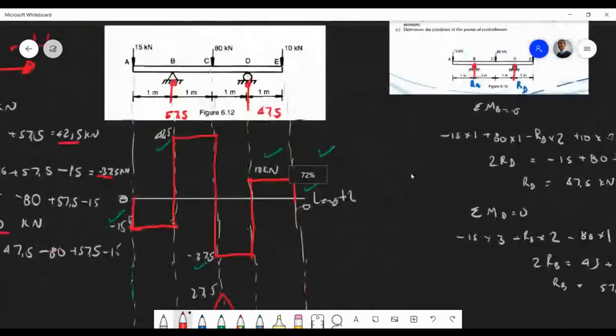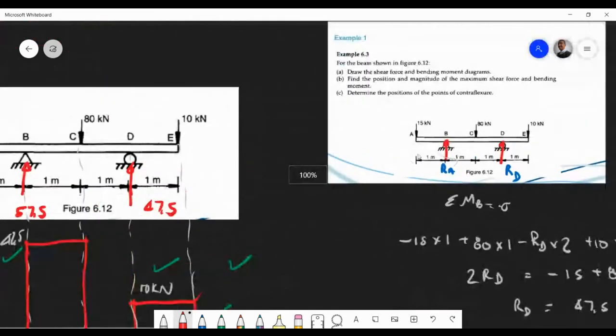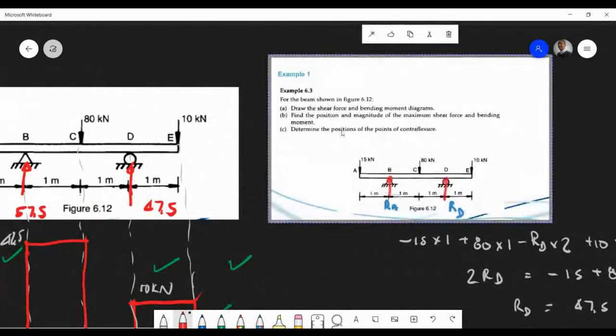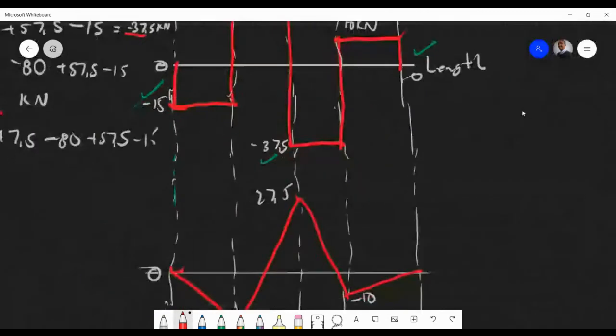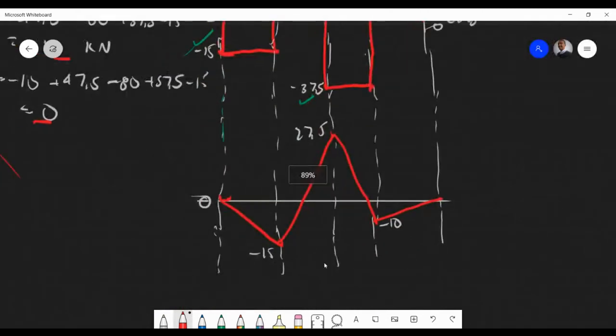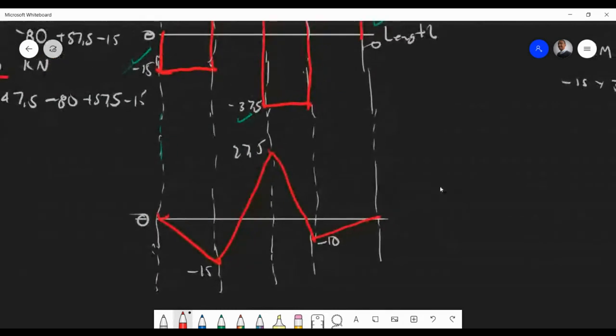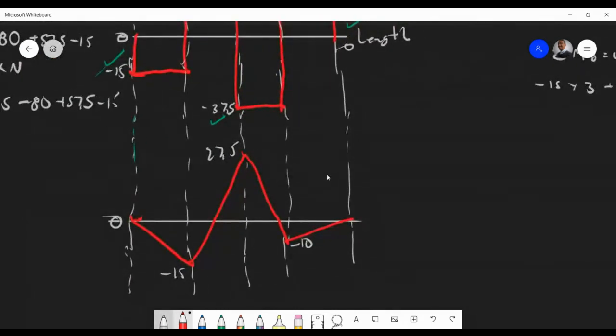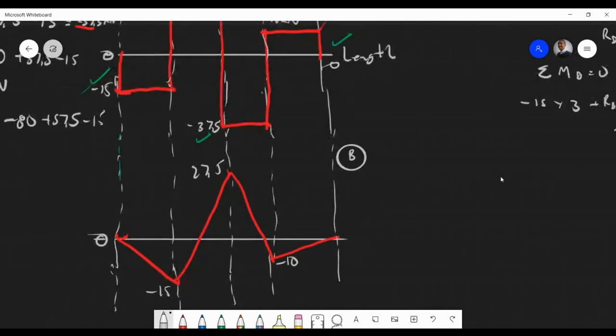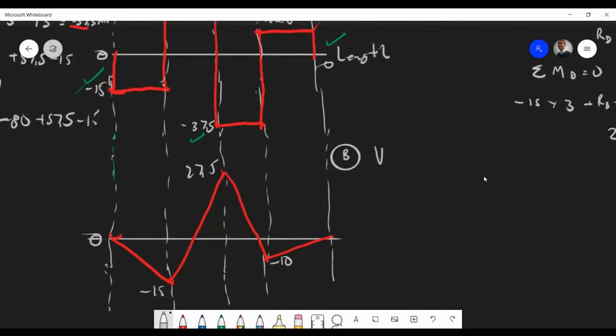And then the next question, which is B: find the position and the magnitude of the shear force and bending moment diagram. When I mark, I look at those values to see if you're right or wrong. Of course, if you didn't get the right values, I would have probably figured out exactly why. So at B, we say Vmax and Mmax.